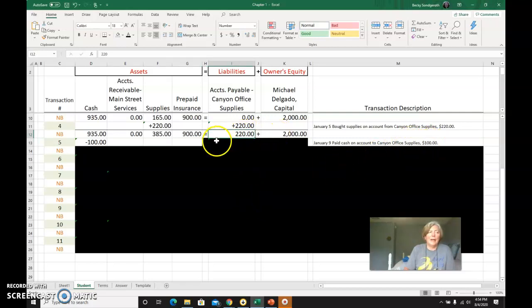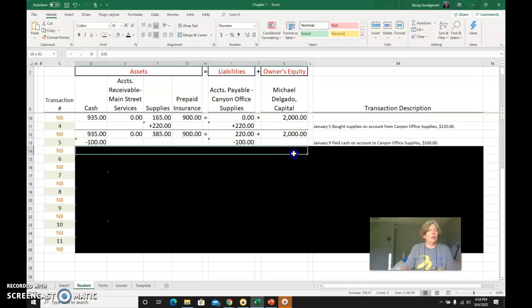So it's going down because I paid a partial amount of what was owed. So it is going down $100. The amount I owe them goes down because I am paying them. And then did anything happen to Michael Delgado Capital? No, definitely not. So let's calculate our new balances.